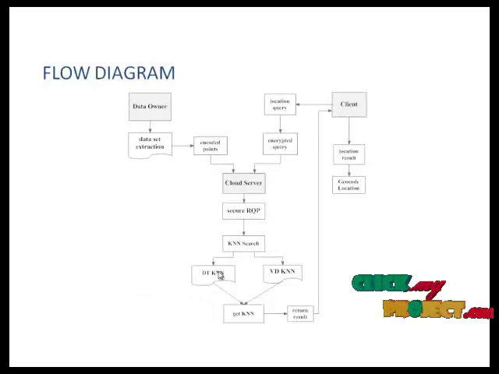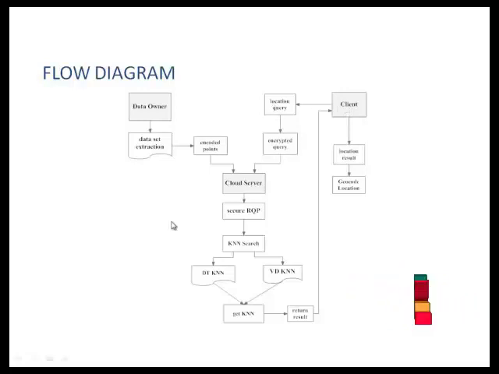First, the data owner will extract the dataset, such as the location dataset, and the client will send the location query in encrypted format to the server, and the data owner will send the encoded points of the given query to the server, and the server will perform secure range query processing on the given data points and query points. Based on the secure range query processing, we search for the nearest neighbor of the given query.